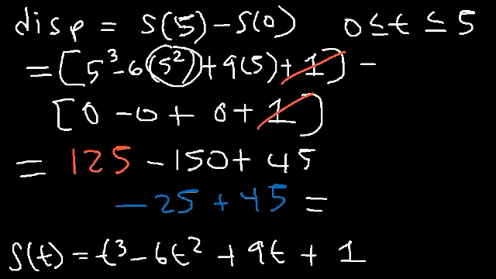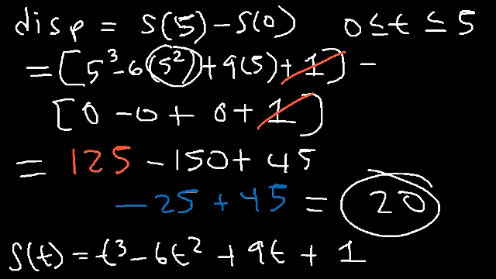So the displacement is negative 25 plus 45, which is the same as 45 minus 25, so it's 20. So this is the displacement, or the change in position, that the particle moves in the first 5 seconds. So that's how you can calculate displacement. It is simply the final position minus the initial position.